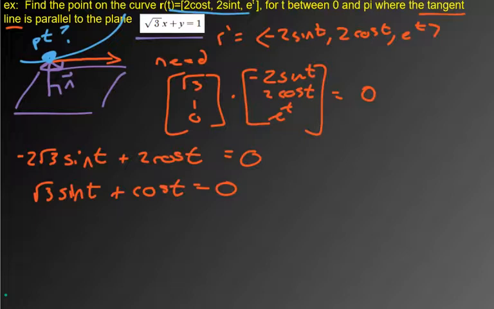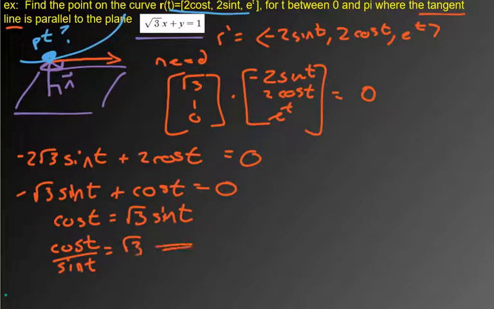Then, let's see, this is negative still, sorry. I'm going to add the negative 1 over, so I'm going to get cos t equals root 3 sine t. Then divide by sine t, because why not use cotangent?